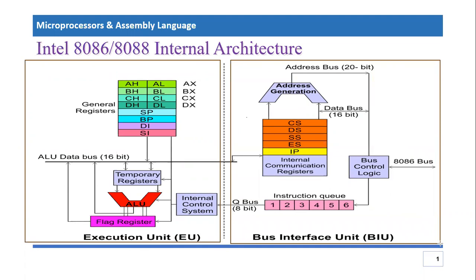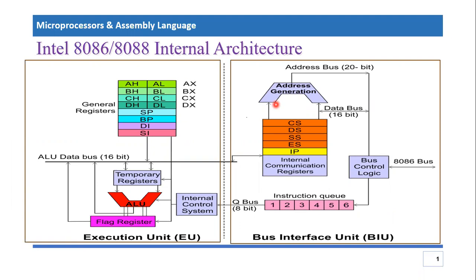One very important thing to know is that they are independently processors. The execution unit itself is a processor and the bus interface unit itself is a processor. That means there are two processors working in a single chip of the 8086 or 8088 microprocessor.